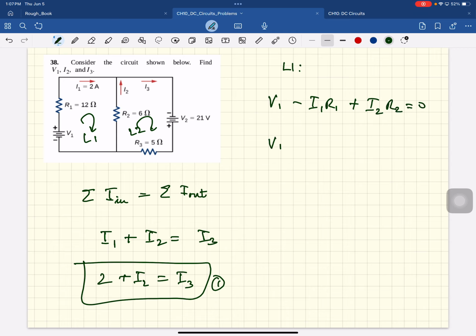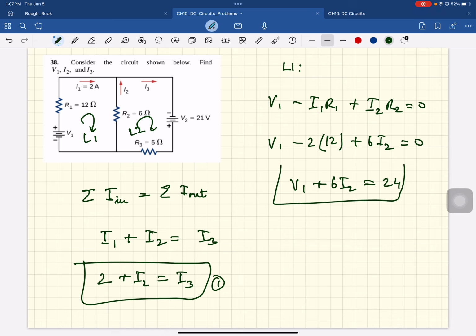So V1 minus I1 times 2, 2 times 12, plus 6 times I2 equal to 0. There's equation 2.